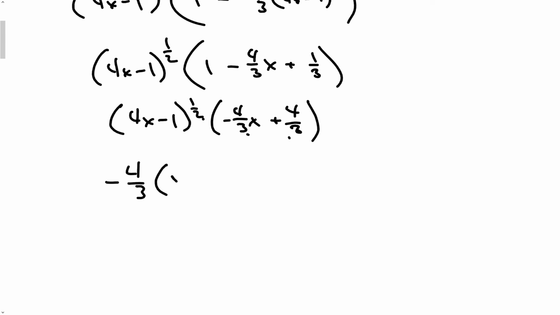What's left over there is x plus 1, and then 4x minus 1 to the 1/2 power. That is simplified, no need to rationalize. Oh, whoops, little mistake. Now 4x plus 1. Minus minus gives me my plus. Okay, that is simplified, and no need to rationalize because there's no negative exponents.